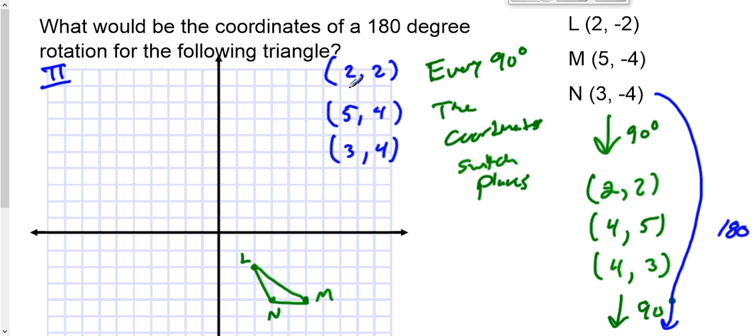So that means this 2, this 5, this 3 all have to be negative. And so we have negative 2, 2, negative 5, 4, negative 3, 4, label our letters L prime, M prime, N prime, and we now have a 180 degree rotation around our central point, the origin.